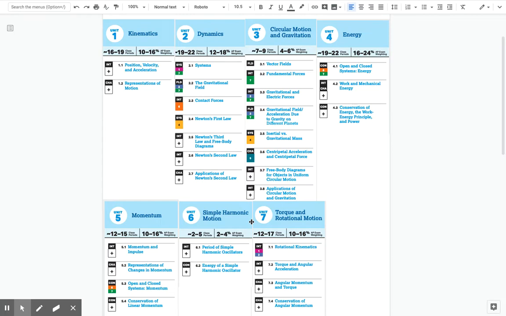So unit 1 is kinematics. Mostly one-dimensional is what they focus on, but there is some two-dimensional information in there as well. Unit 2 is dynamics, so Newton's first law, second law, third law, okay, and applications of those laws.